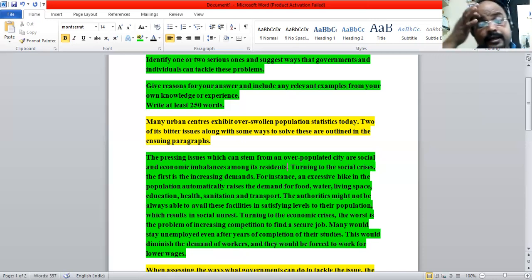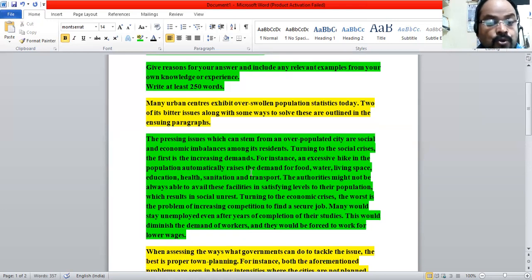So I made the editing there in the first particular sentence of the paragraph. The pressing issues which can stem from an overpopulated city. Number one are social, number two are economic imbalances. Now we are going ahead with the first problem, turning to the social problems. Turning to the social problems, the first is the increasing demands.